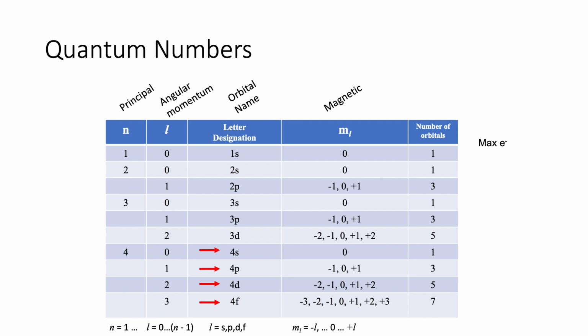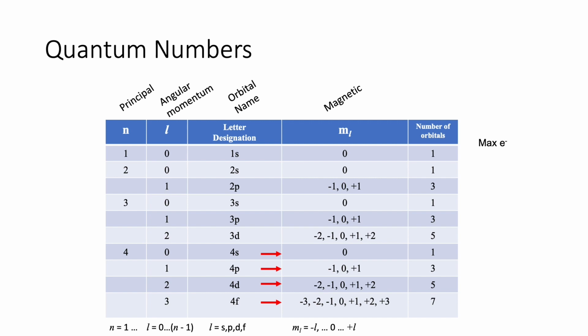The angular momentum gives us magnetic quantum numbers of 0 for the 4s, -1 up to +1 for the 4p, -2 up to +2 for the 4d, and -3 up to +3 for the 4f.